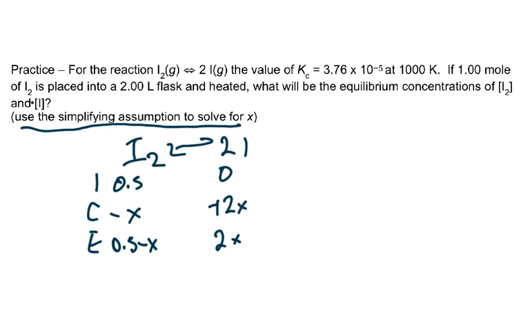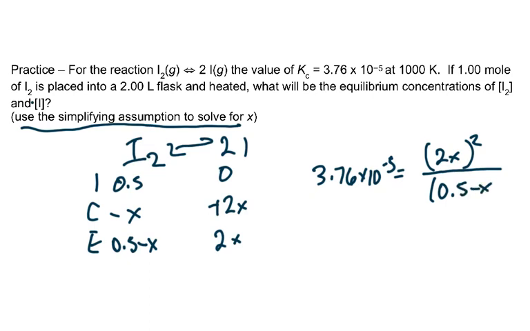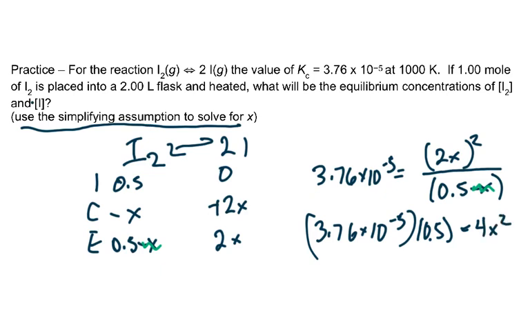So our Kc we are given is 3.76 times 10 to the minus 5, equal to 2x squared divided by 0.5 minus x. But again, we're going to use our x is small, which means we can ignore that x there and solve for our x. So 3.76 times 10 to the minus 5 times 0.5 is equal to 4x squared.